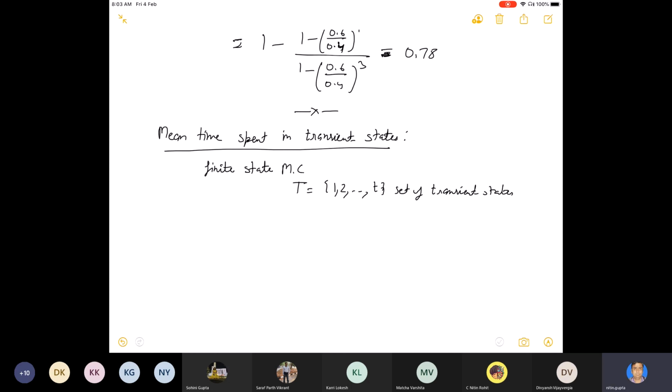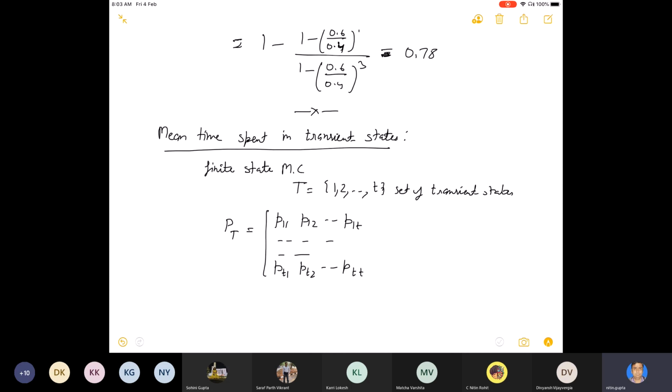Okay, now from the TPM we separate out the values corresponding to transient states, so that we are writing down P11, P12, P1T, and so on, PT1, PT2, PTT.